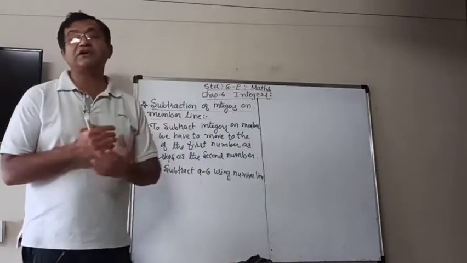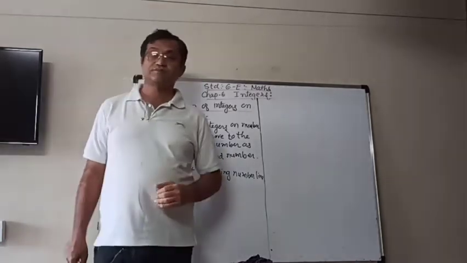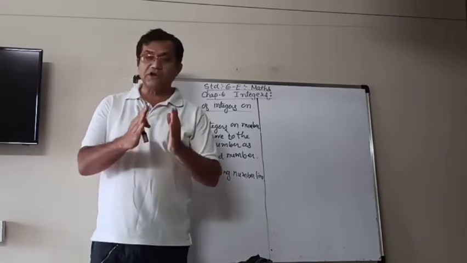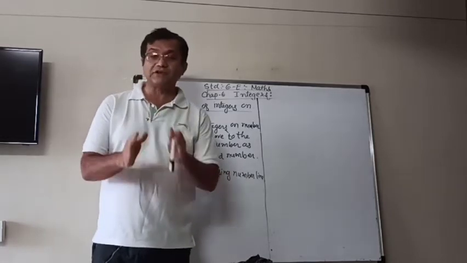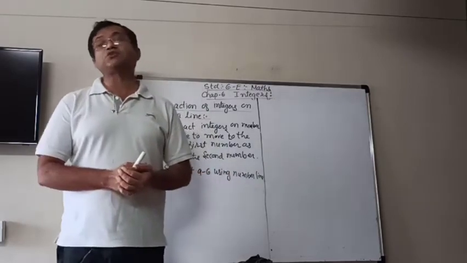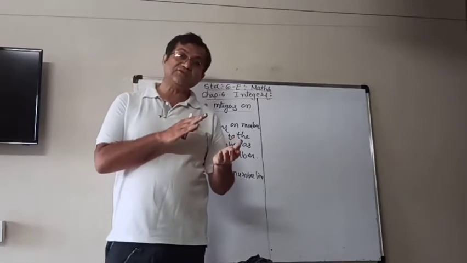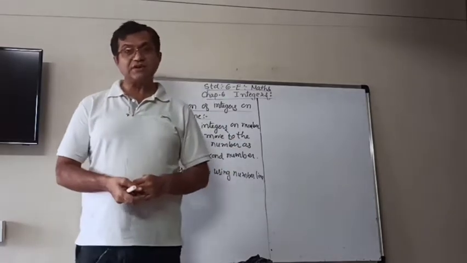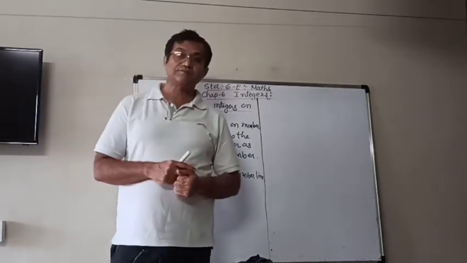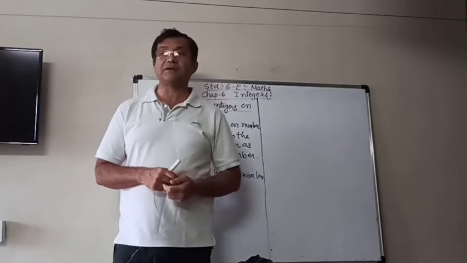But for our convenience, I am going to first explain addition and subtraction together, because sometimes when the two signs, plus and minus, are together, we have to do addition in place of subtraction and subtraction in place of addition. And therefore I want to clear that in your mind.